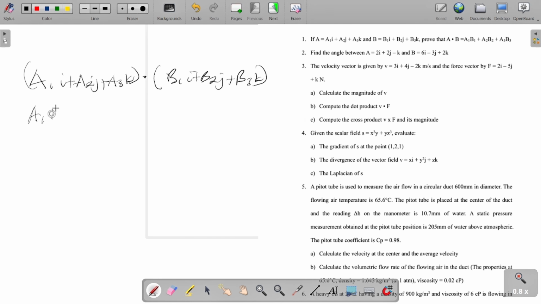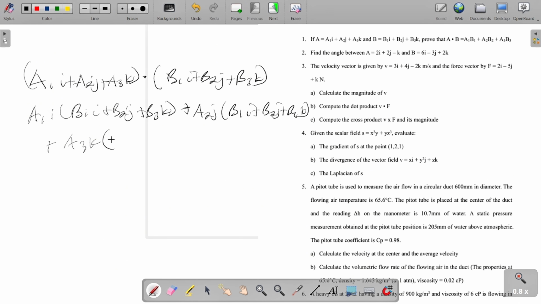I have my a1 i, which multiplies b1 i plus b2 j plus b3 k, then a2 j also multiplies b1 i plus b2 j plus b3 k, then plus a3 k also multiplies b1 i plus b2 j plus b3 k.